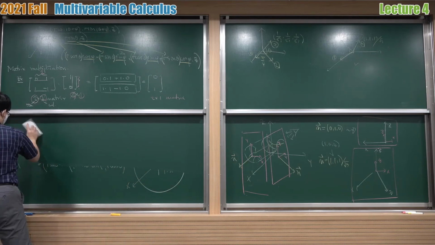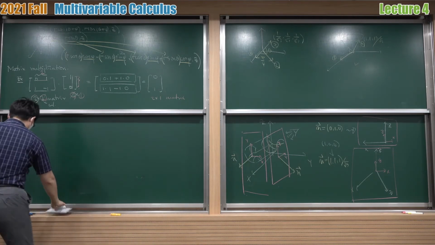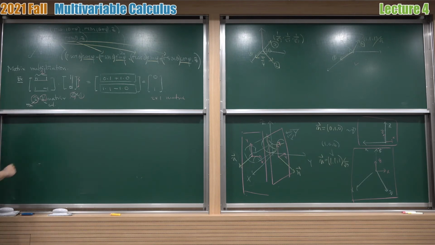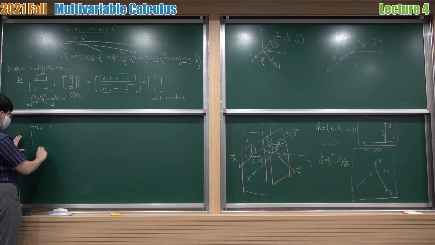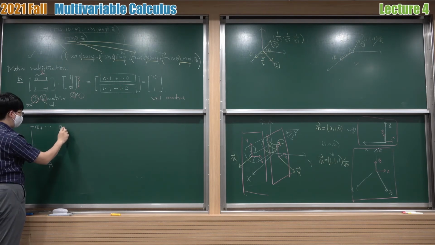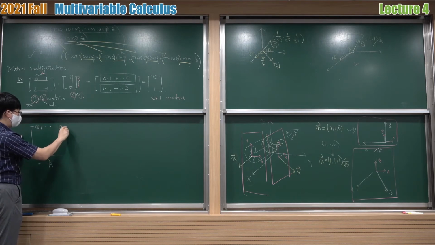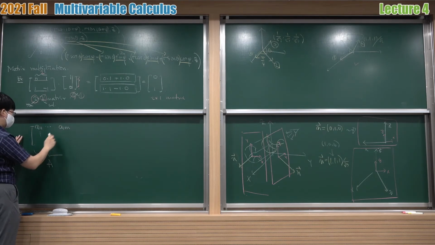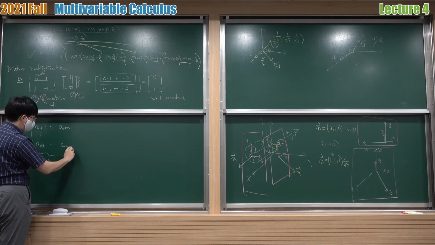It's not hard. Let me just give you the general definition. Suppose that I have a matrix A whose elements are A11, A1m, An1, and up to Anm.